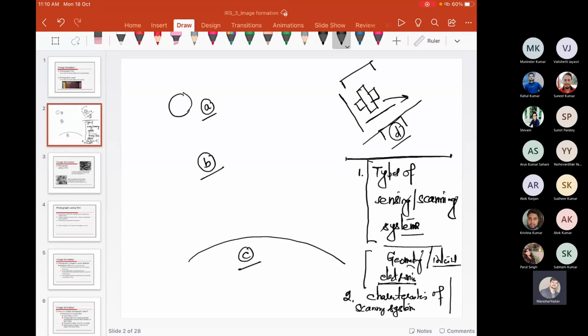So if we see steps A, B, C, and D, these four steps include a complete workflow in satellite-based imaging.